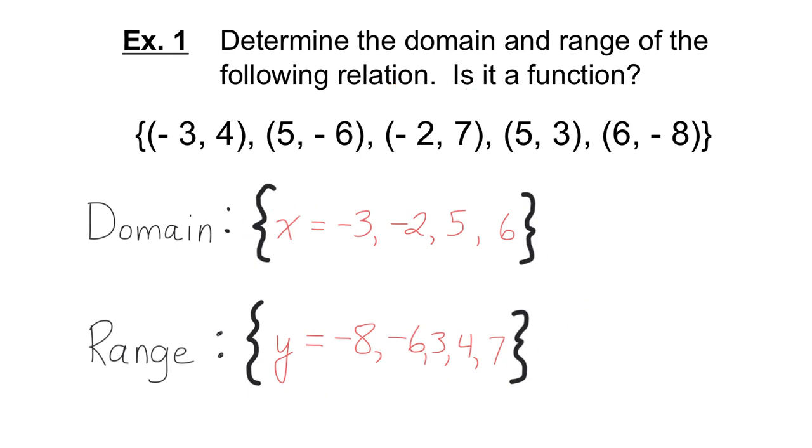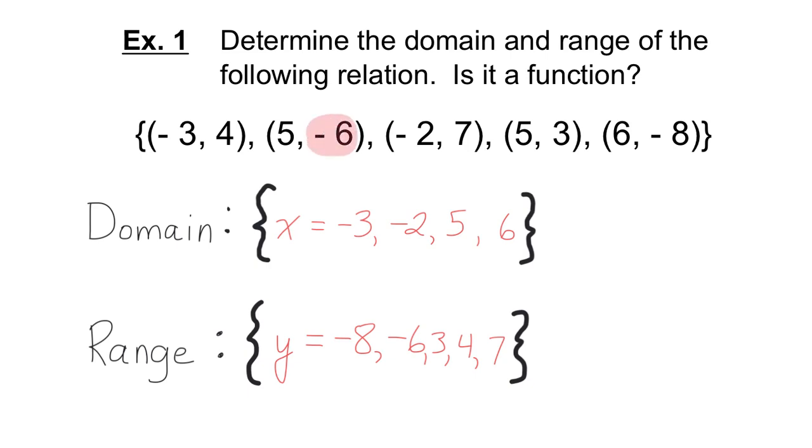Do you remember how to tell? Well, if you've forgotten, a function has only one output for every input, or only one possible value of y for every value of x. Well, if we look here, when x is 5, y is -6.